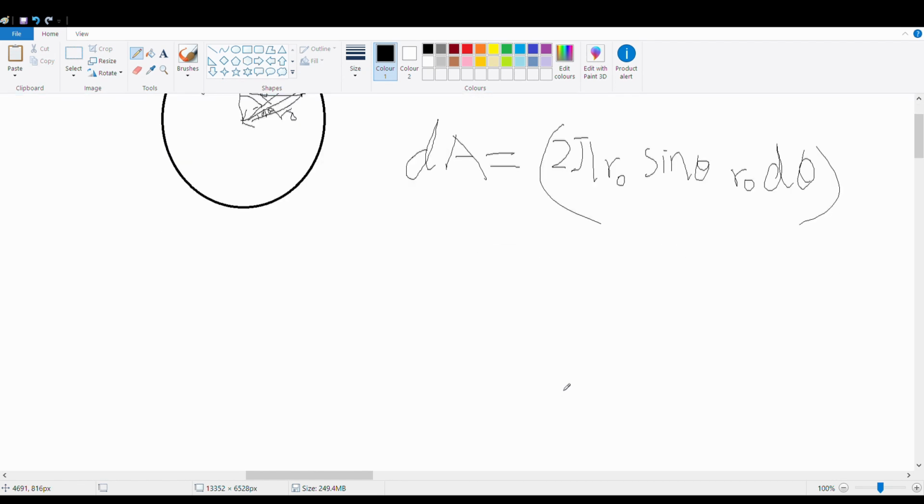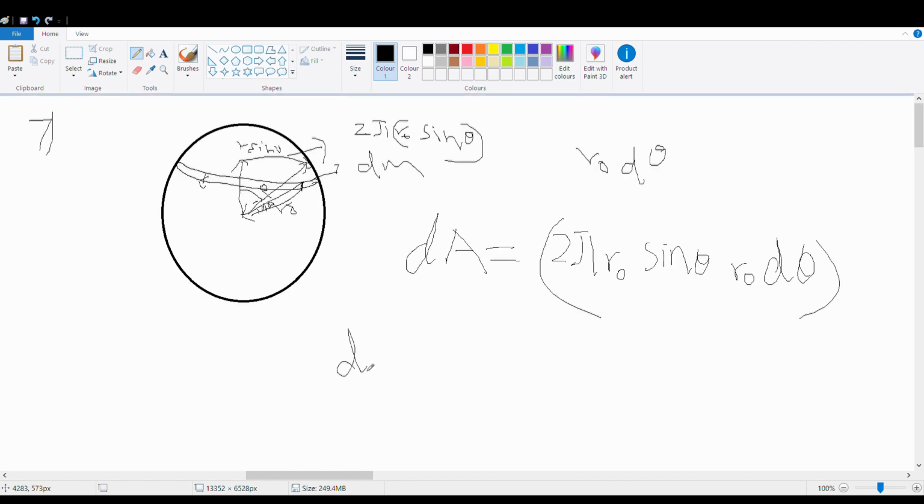Okay, and we are going to define dm again here. Since we have dA, we can define the area mass density, and the area is equal to 4 pi r naught square, because we're talking about the surface area of a sphere.